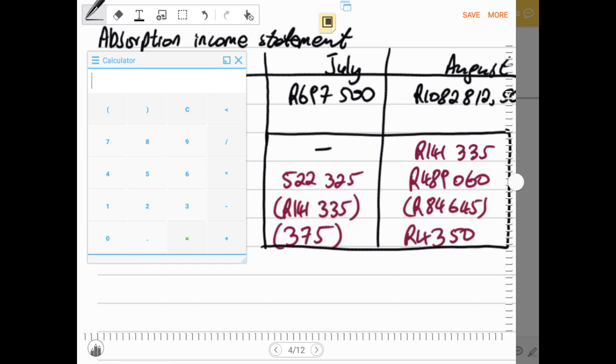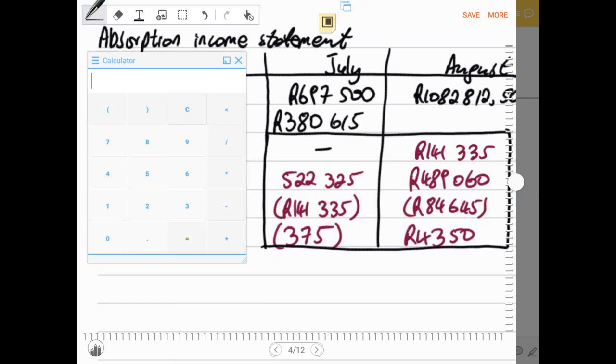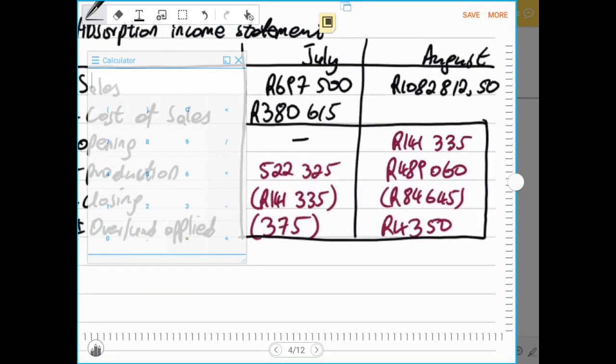In doing that, we'll say 522,325 minus 141,335 minus 375, and this will give us 380,615 rands.